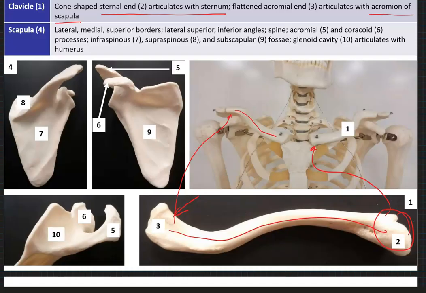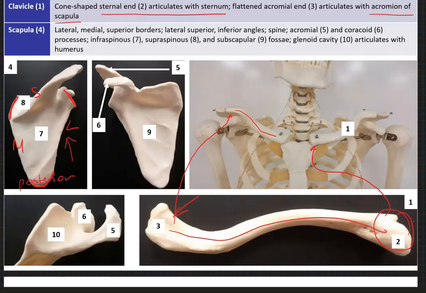When you start looking at the scapula, this is the posterior view, you may notice that, first of all, there are several borders. There is a lateral border of the scapula, medial border, and superior border. There are three angles: lateral angle, superior angle, and inferior angle.